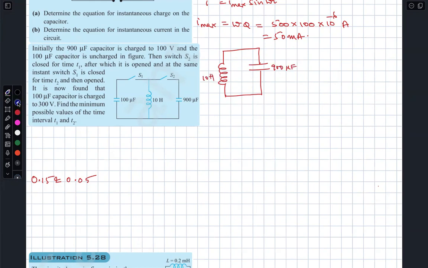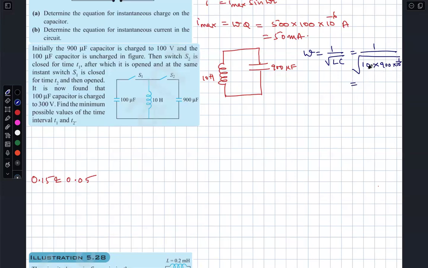For this circuit, what is going to be omega? Omega is 1 by root LC, which implies 1 by root of L, which is 10, and capacitor 900 into 10 power minus 6.